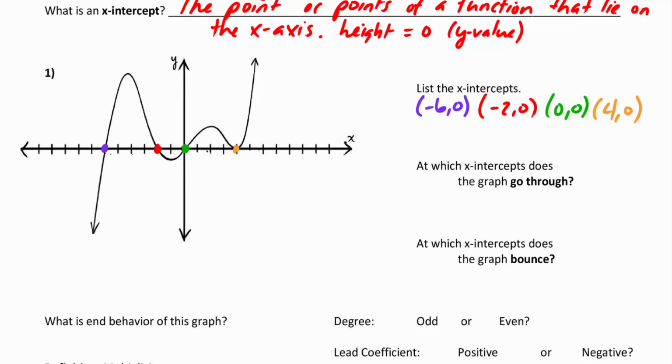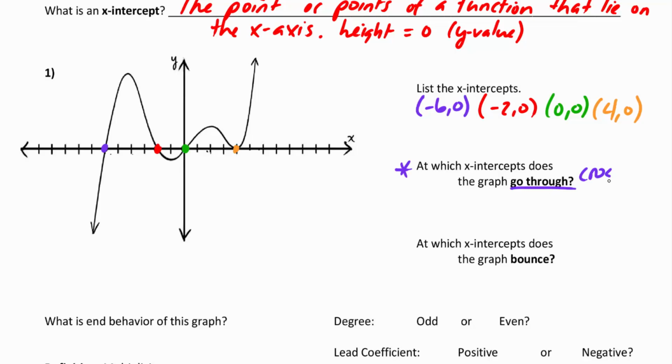Now, an interesting quality that happens at each x-intercept, the graph is behaving a certain way. At this first one, we go from below to above. The second one, we do the same thing, and we just keep traveling through and through, and then the last x-intercept, we stay on the positive side. And so how the graph behaves is actually revealed a little bit with how the equation is set up. But at which of these x-intercepts does the graph go through?